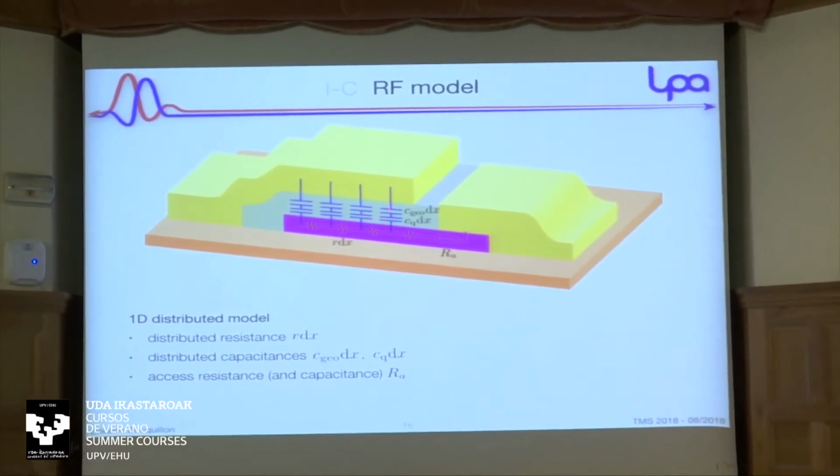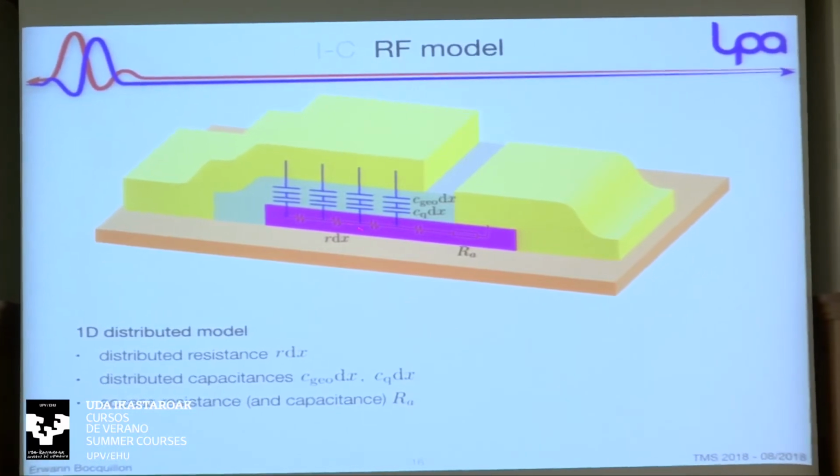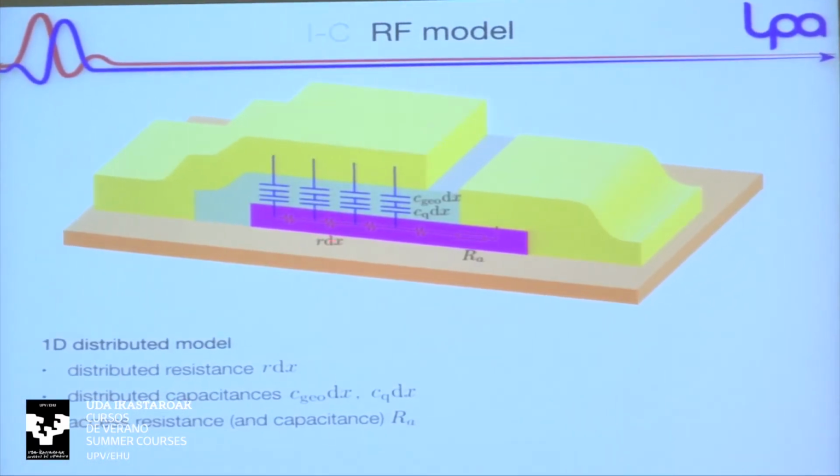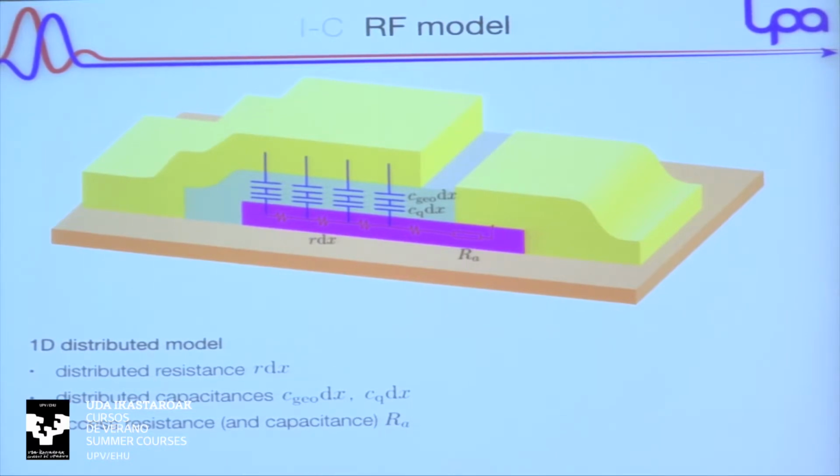And the best way to represent this is to have a 1D distributed model. And you can also take into account in this model the finite resistance of the TI film. An additional ingredient which is only there for experimental purposes but has no interest is the fact that there's an access resistance which takes into account the finite resistance between the contact and the material.